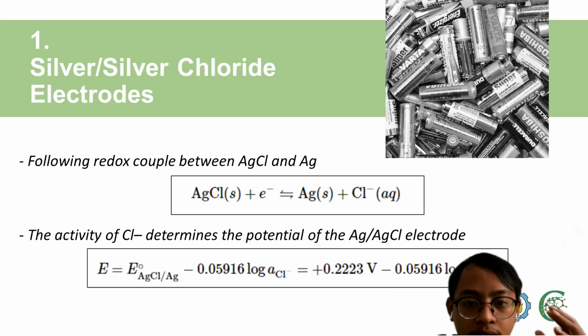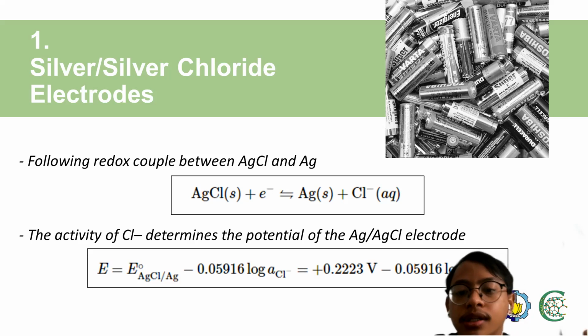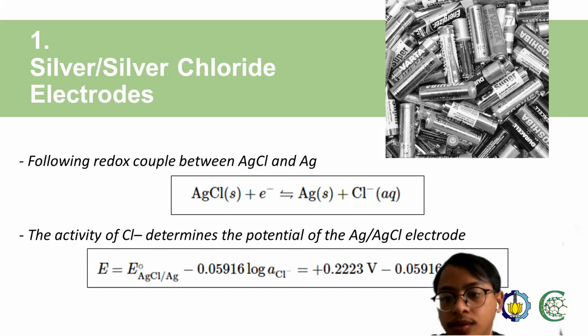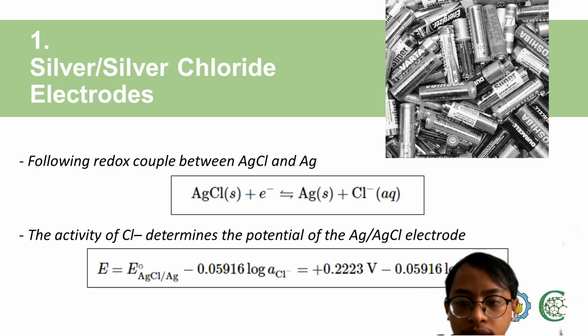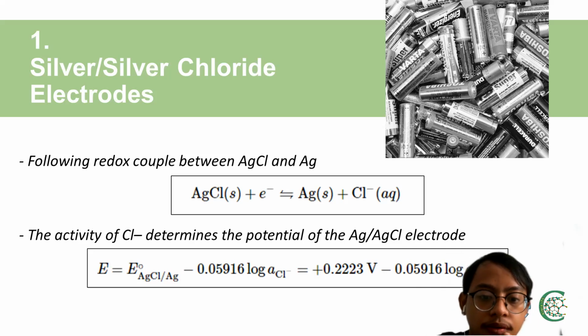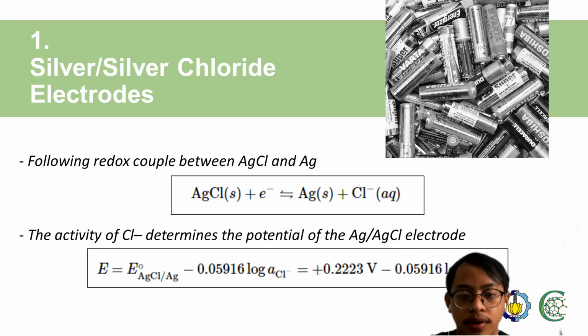In this system, the redox couple between the silver chloride and the silver is based on the reduction of silver chloride into silver, following the picture. The activity of the chloride determines the potential of the silver chloride electrode by using the Nernst equation.